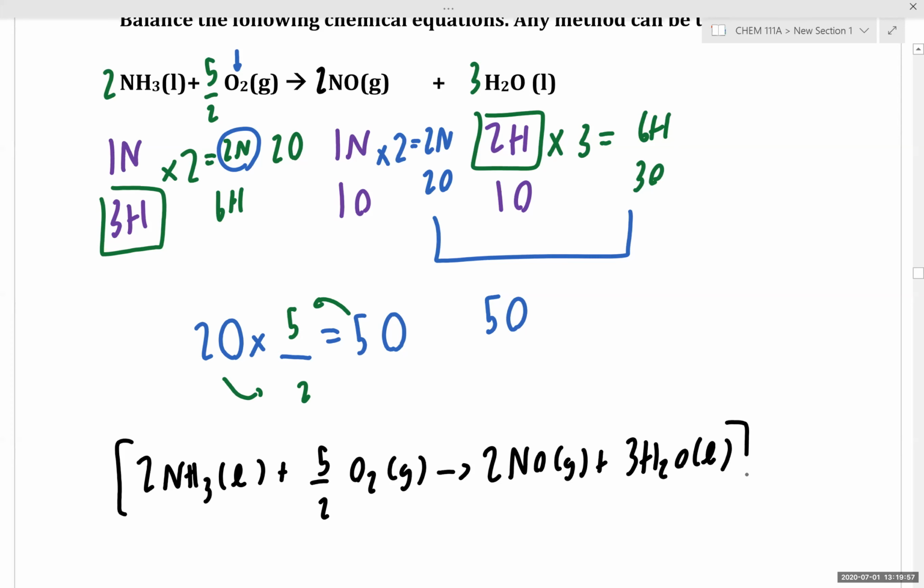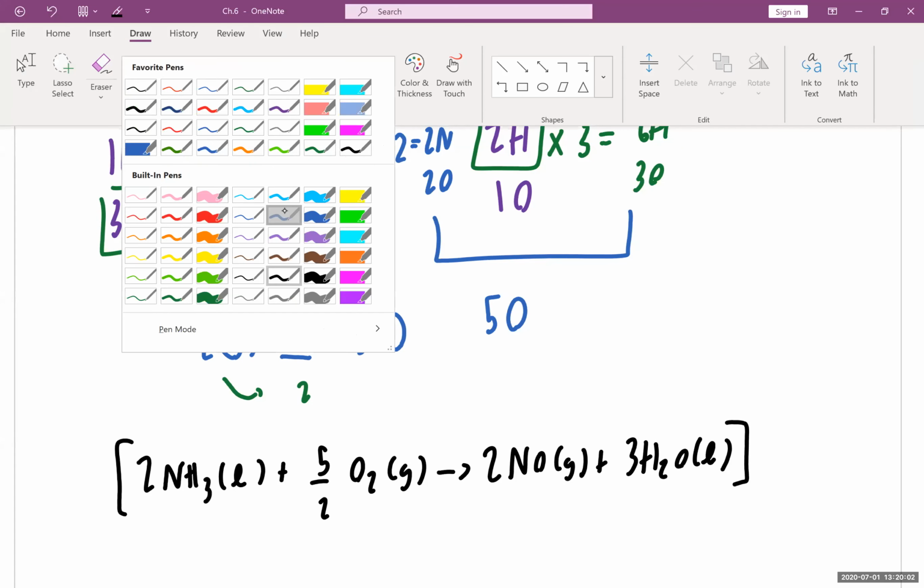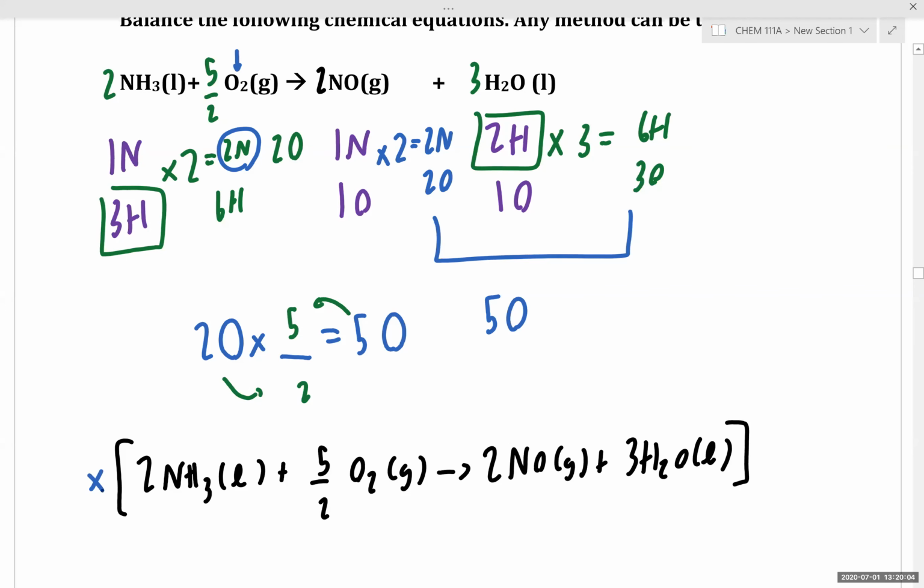So again, half notation is showing its strength in balancing an equation that contains an isolated pure element such as oxygen. Half notation is super helpful when you're dealing with combustion reactions.